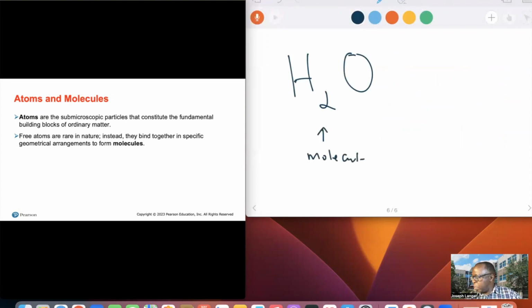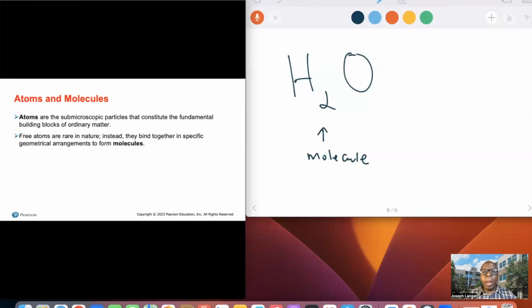And recall when we use the word molecules, we refer to those compounds made up of only non-metals. You should be able to recognize this coming from, let's say, intro. If you took intro not too long ago, you should be able to break the periodic table into non-metals, metalloids, and metals.